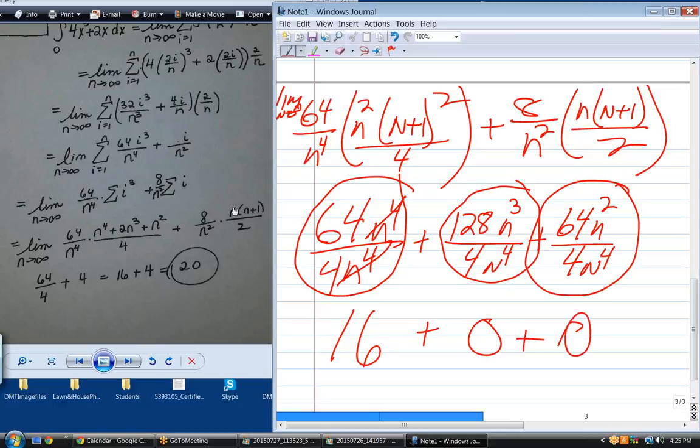So the only other term I have is this term. In other words, we just did this term here. If we do the same thing over here, we get 4. You can see right away that we're going to have an n squared, which is going to cancel out with this n squared.